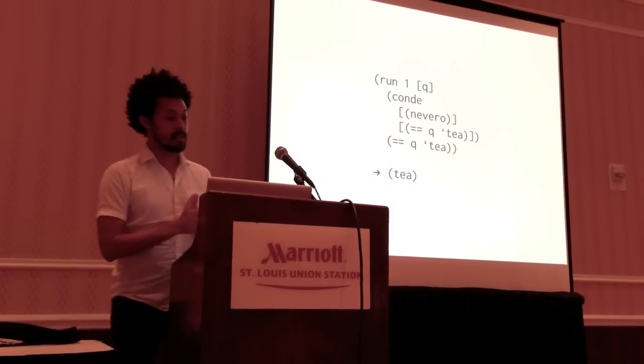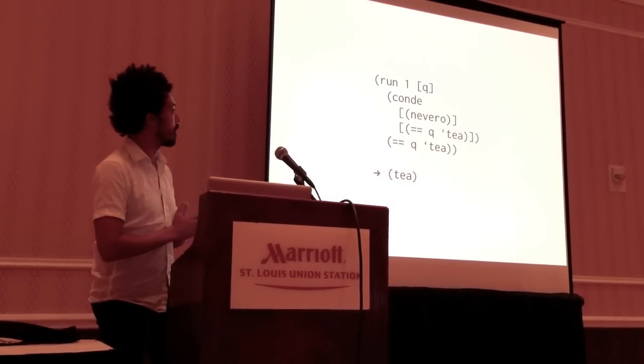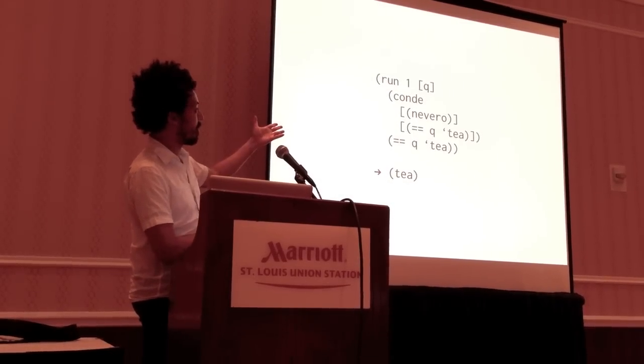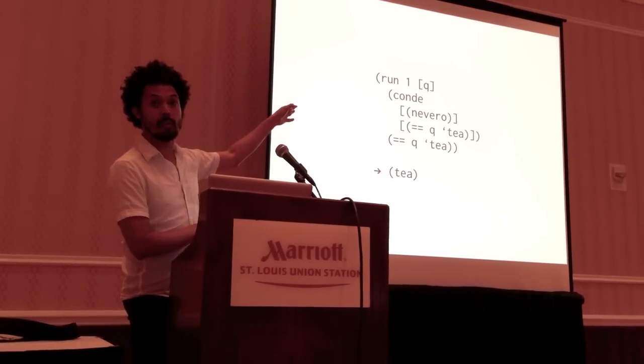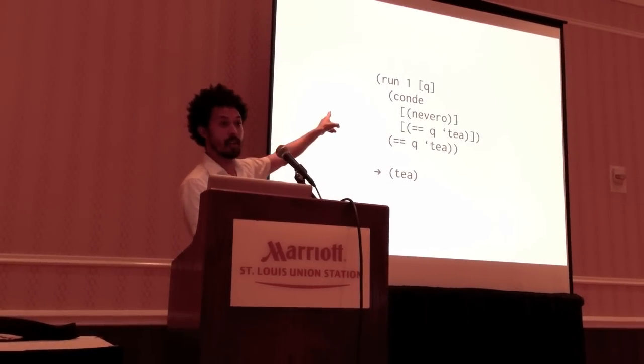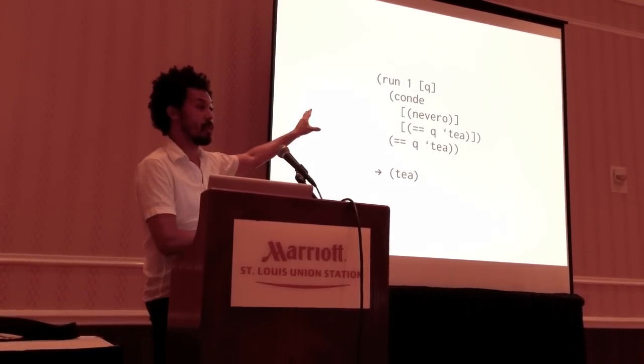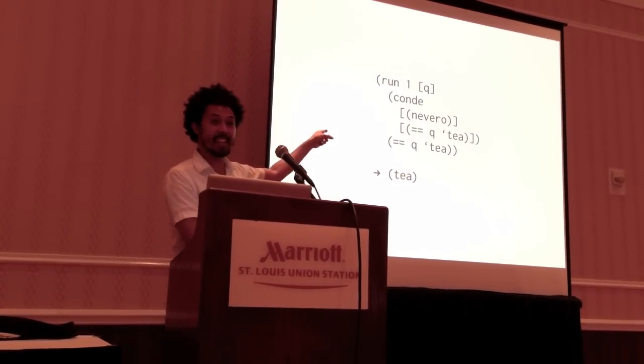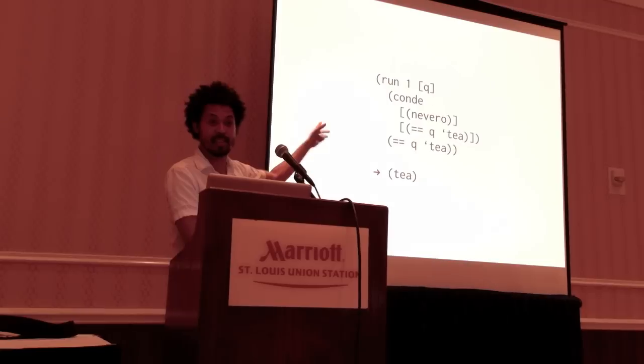And the reason it does this, and this is an advantage over Prolog, is here is a program, right, where we have a conde, and we have an evil goal. That first goal is never going to produce an answer. It will never produce a substitution that we can use. But that kind of stinks because the second clause does. Right?